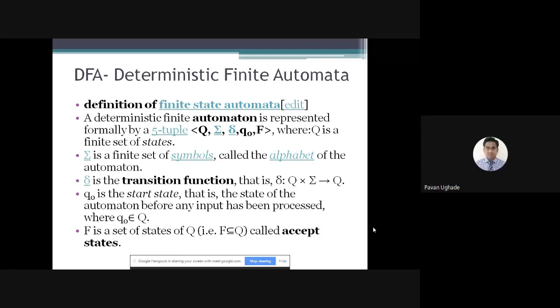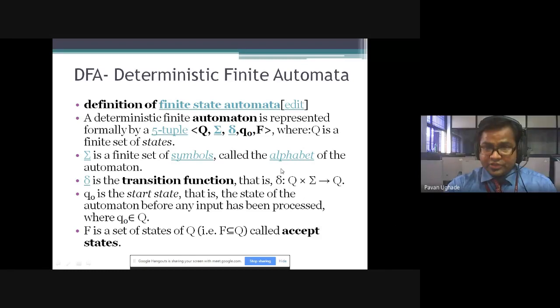How are we going to represent and read this in set theory? The transition function is a set of states over alphabet leading to some other state, isn't it? So this is very important.